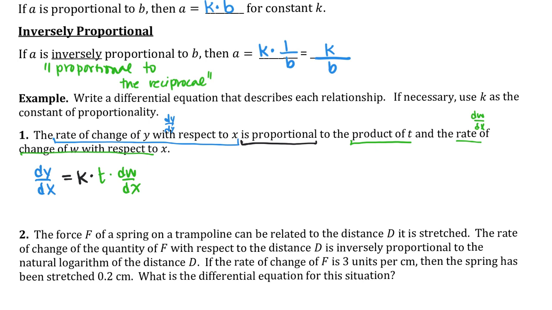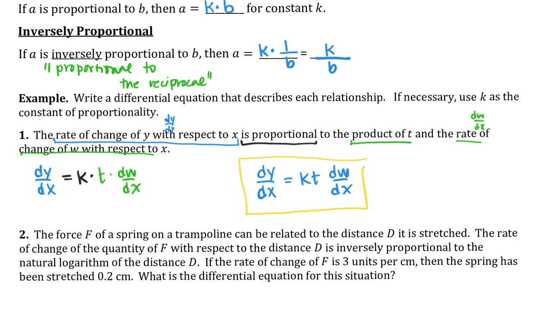Is that all they gave me? They didn't give me any specific information, so I can't write the particular equation. So what am I writing? I'm just writing dy/dx equals kt dw/dx, and I'm calling this a differential equation because it's the equation of the derivative of y with respect to x.